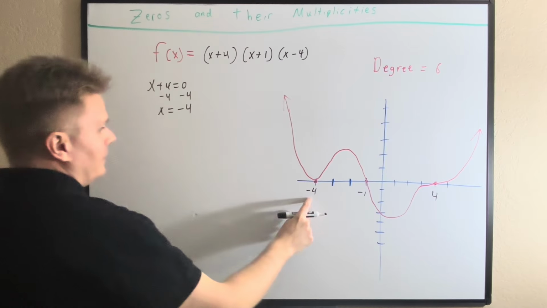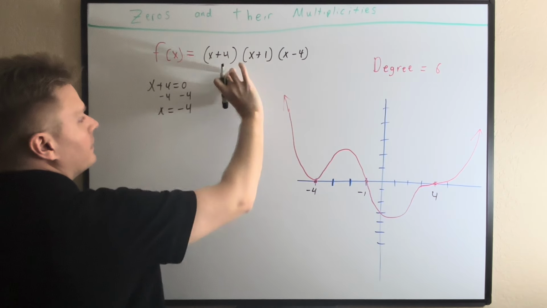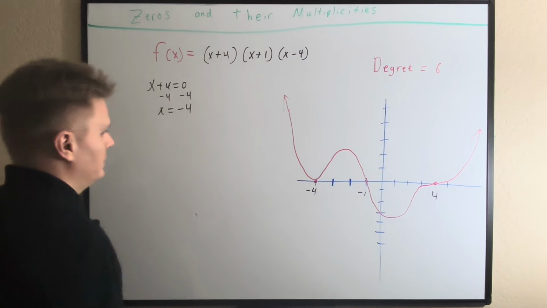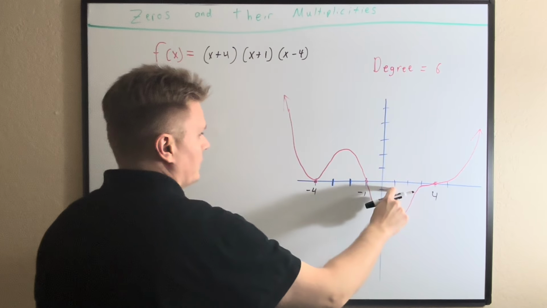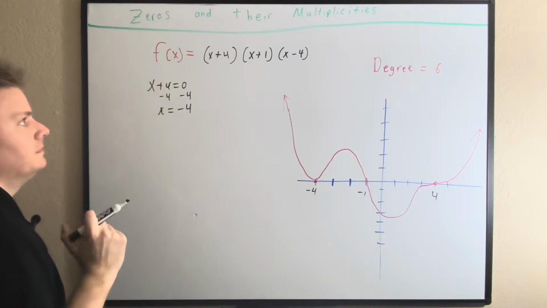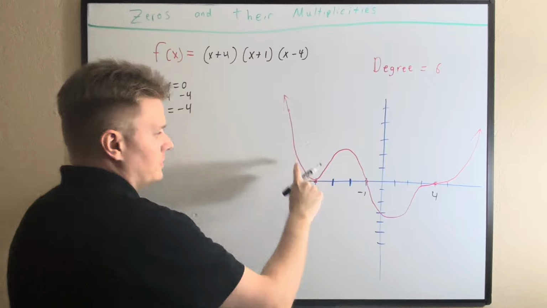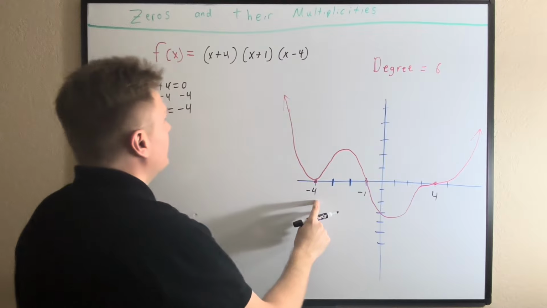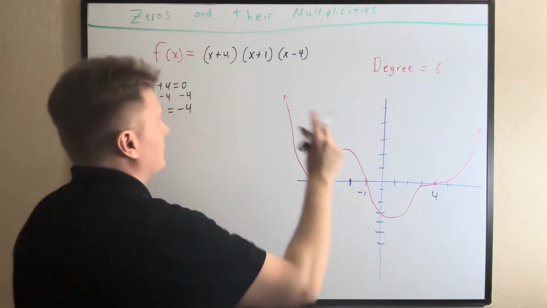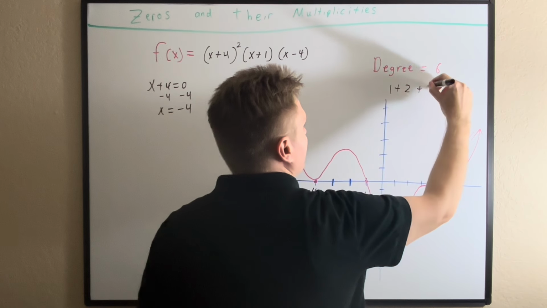See, if you mix this up, you might have still gotten the answer right, but you got to make sure that one's correct. You might have an x minus 1 there, which is not right. X minus 1 crosses the x-axis at positive 1. Okay. So which one has which multiplicity? Well, this one just bounces off, so we can assume that negative 4 has the even numbered multiplicity, so that would be 2, right? Because it has to be 1 plus 2 plus 3 to be 6.